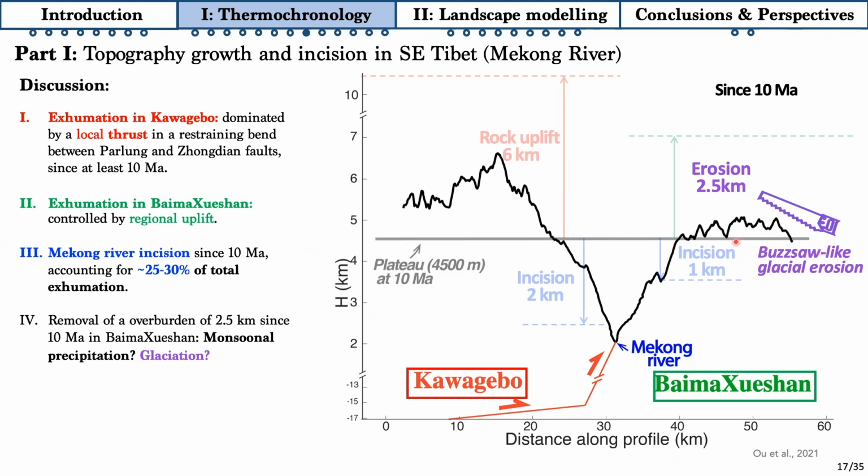So the low relief surfaces of the Baimei-Shenshan, due to the strong erosion, are more consistent with the model proposed by Liu-Zeng in 2008.